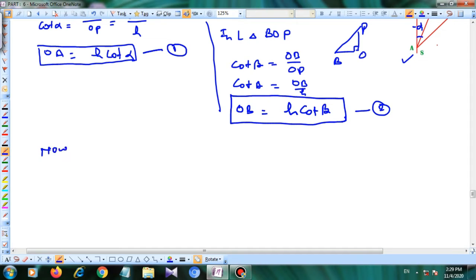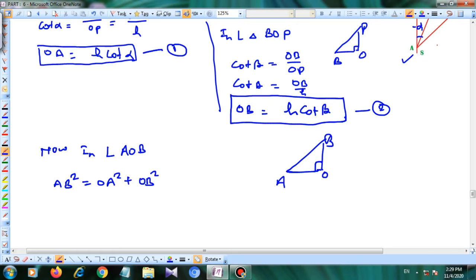Now in right angle triangle AOB, here AB square equals OA square plus OB square. The value of AB is D, so D square equals OA square plus OB square. The value of OA is H cot alpha, put it here.